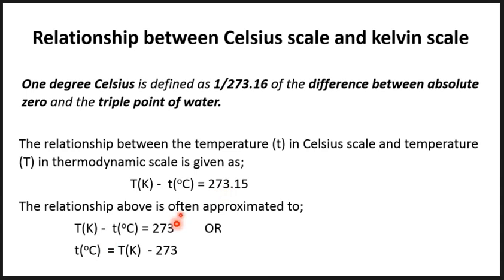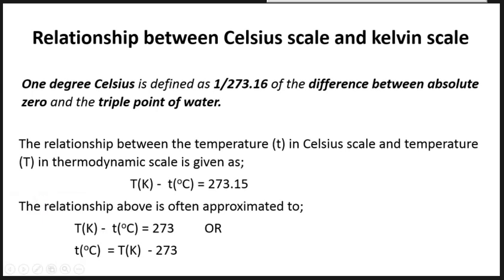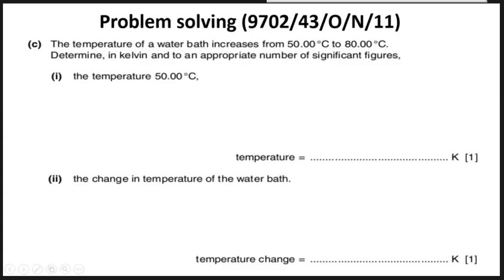Okay, so let's see how we can apply this formula in solving problems. So let's see a problem and see how to apply this relationship. Okay, so here we have it.